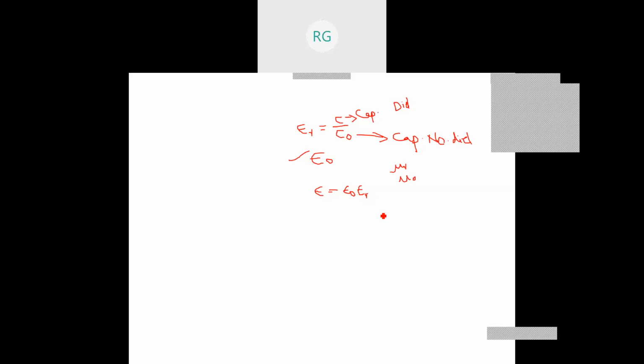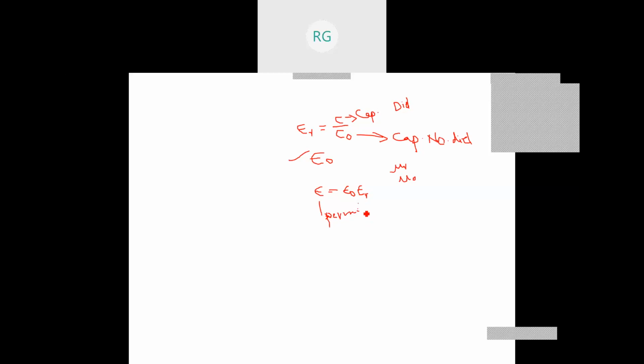So relative permittivity is a dimensionless quantity, which is also called the dielectric constant. The permittivity is also called the dielectric constant.